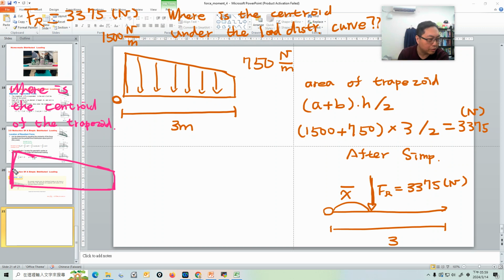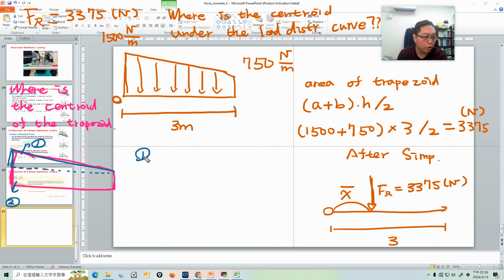If I slice the trapezoid here, I have area 1 and area 2.